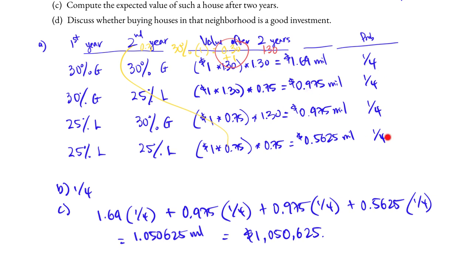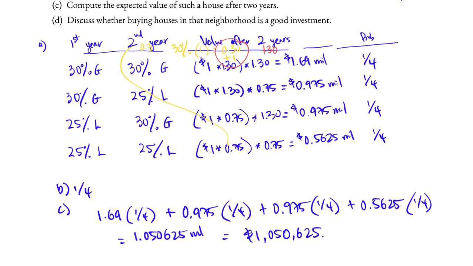So with 0.75 probability, 3/4, the house is worth less than 1 million after 2 years. And so we would say that this is not a good investment, because there's only a 1/4 chance that we would make money. There is a 3/4 chance that we would lose money.